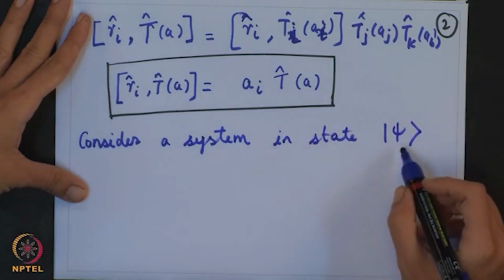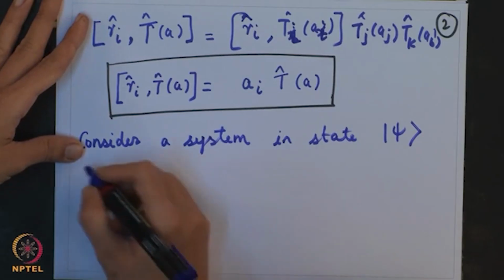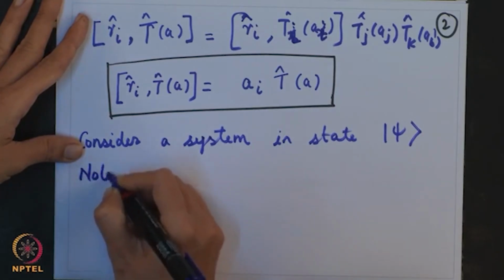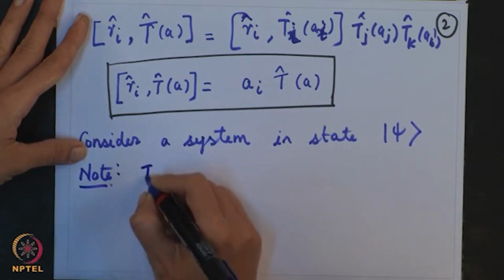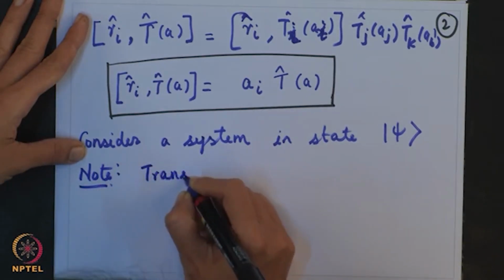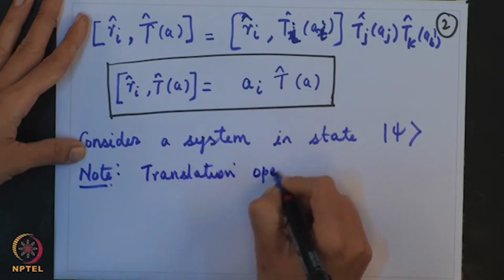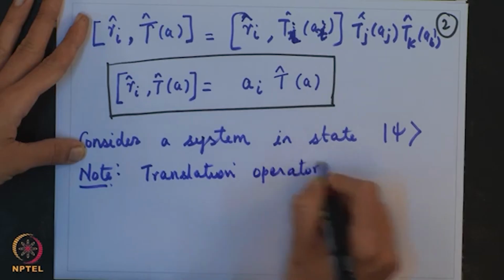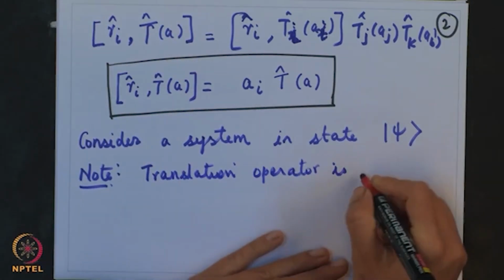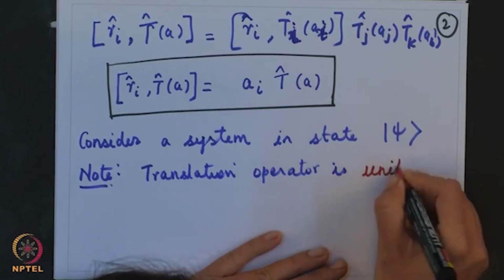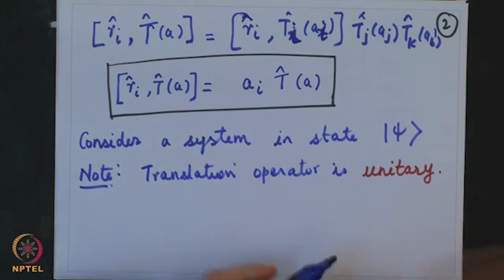So, let psi be the state of the system, and now we have to remember this. It is important to note here that the translational operator is unitary. This is one thing you must remember.